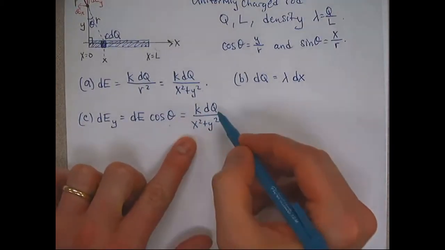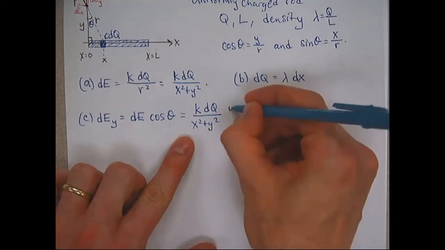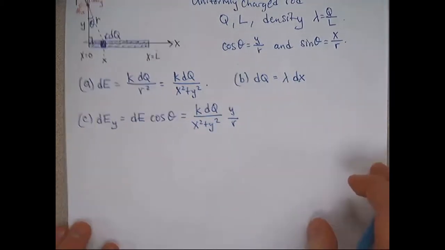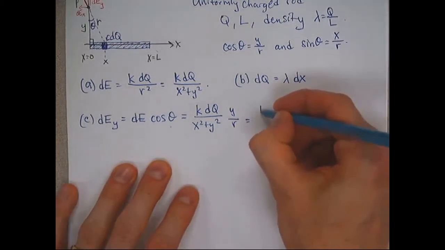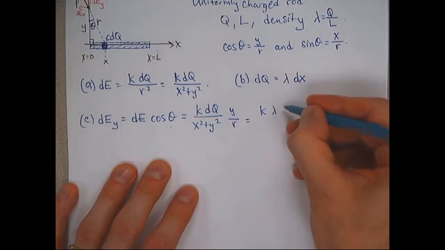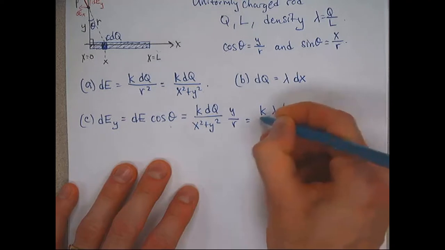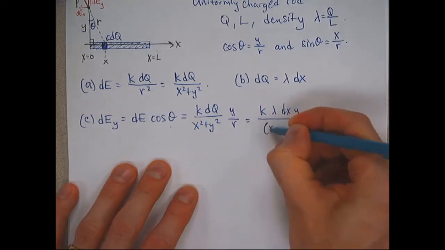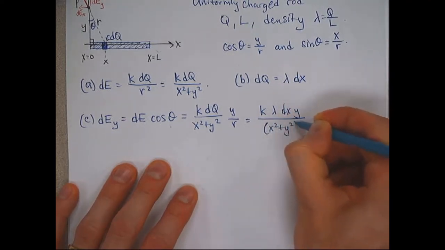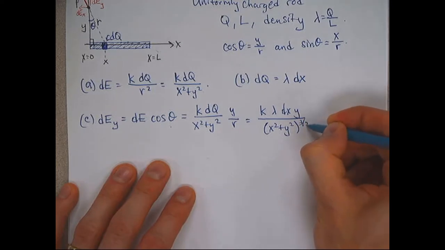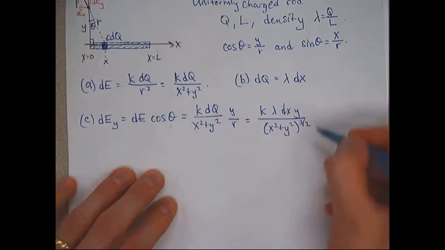This is our dq times the cosine theta here, y over r. We have k lambda dx y over x squared plus y squared to the 3 halves. r is the square root of that.